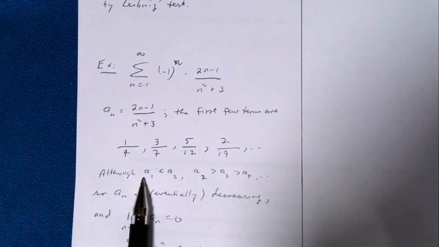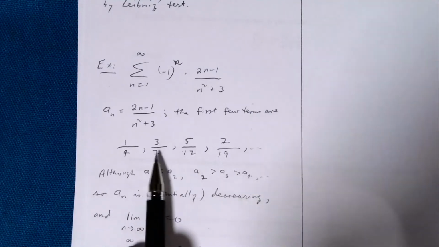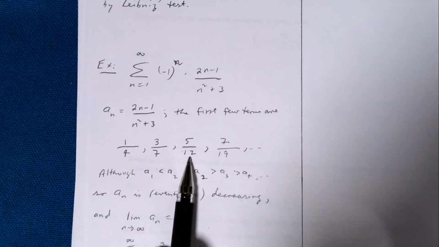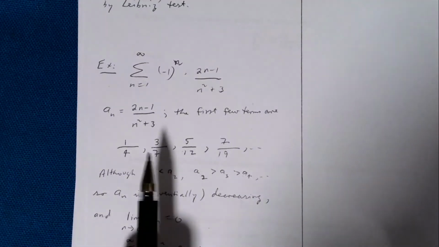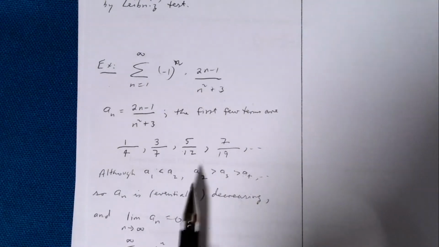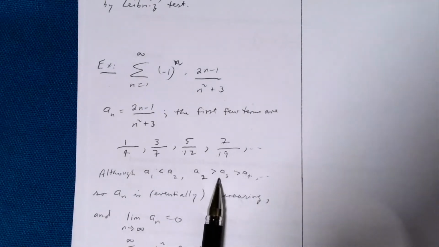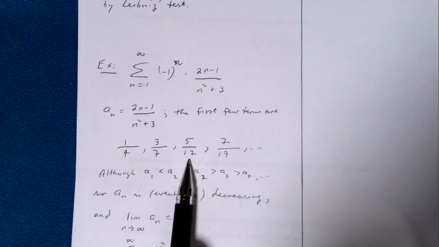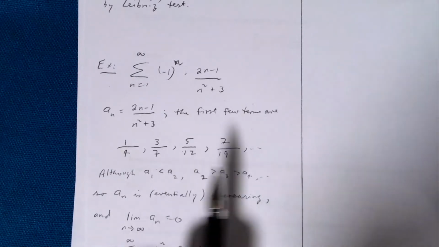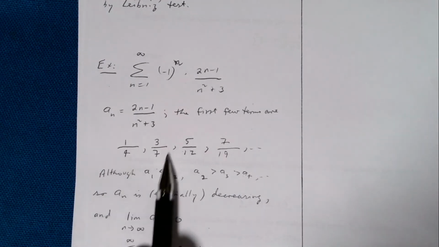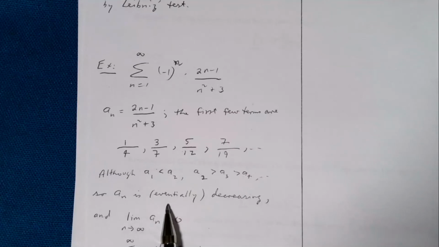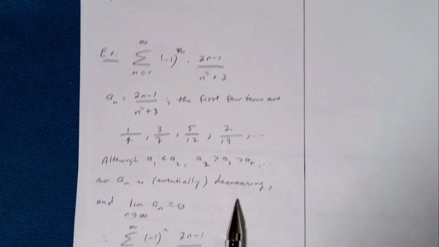Well, that's unfortunate. However, if you put these over a common denominator, then you get 36 on 84, and then you get 35. So in fact, a_2 is bigger than a_3. That one's bigger than that one, and then this one is bigger than that one, and so on. So even though it doesn't work for the first two terms, a_n is eventually decreasing.